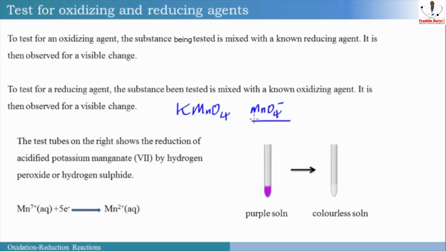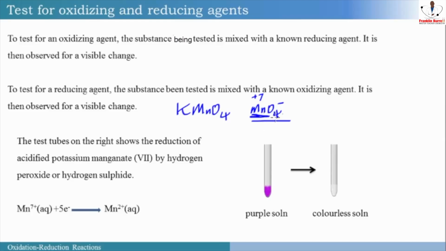We saw how we calculated the oxidation number of Mn in the manganate ion to give us a +7 charge. So the charge on the Mn here is +7. So really, the reason for the color being purple is the +7 charge that is on the Mn ion.